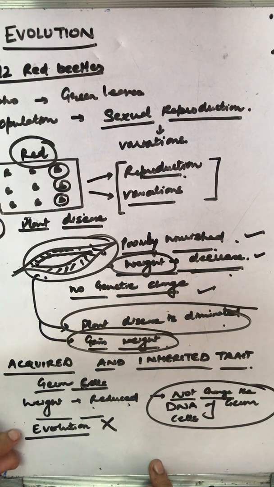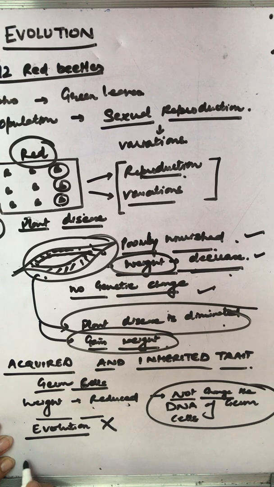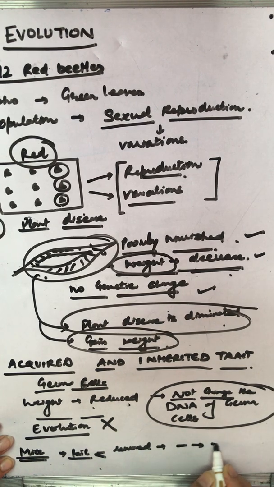And the experience of an individual during its lifetime cannot be passed to its progeny. Supposing someone met with an accident and has lost a limb, it will not be passed on to his children. Okay? Same way, remember we always talk about this: if we breed a group of mice, all their progeny will have tails as expected, and if the tails of these mice are removed by surgery in each generation, tail removed, again removed, again removed, this is not going to give us tailless mice at the end.